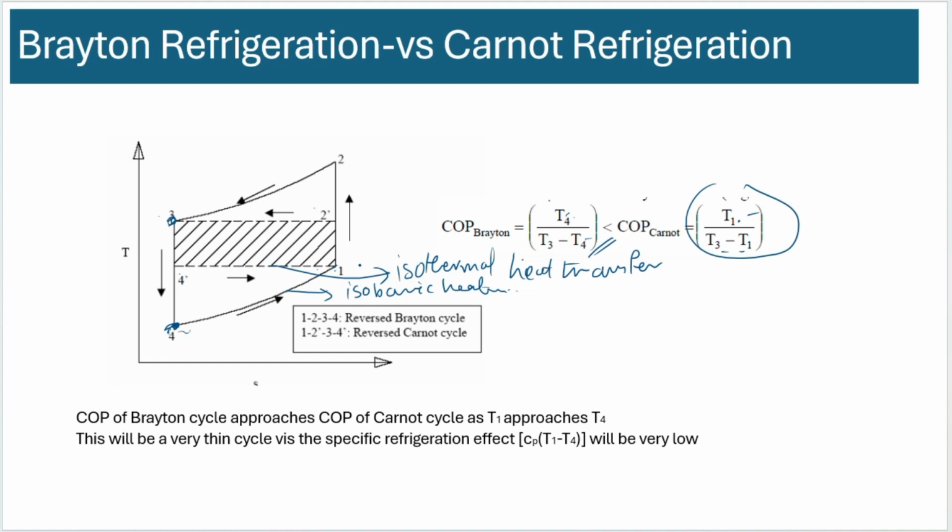So if 4 and 1 get closer, if the cycles become thinner and thinner, okay, if it's really thin, then the Carnot cycle is almost the same as the Brayton cycle. So if T1 approaches T4, and there's not a lot of temperature change between 4 and 1, then it is getting closer and closer to a Carnot cycle. All right.